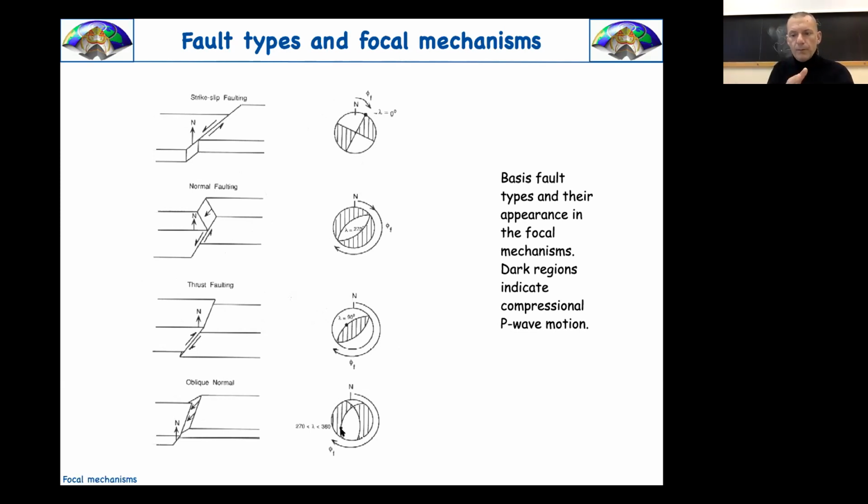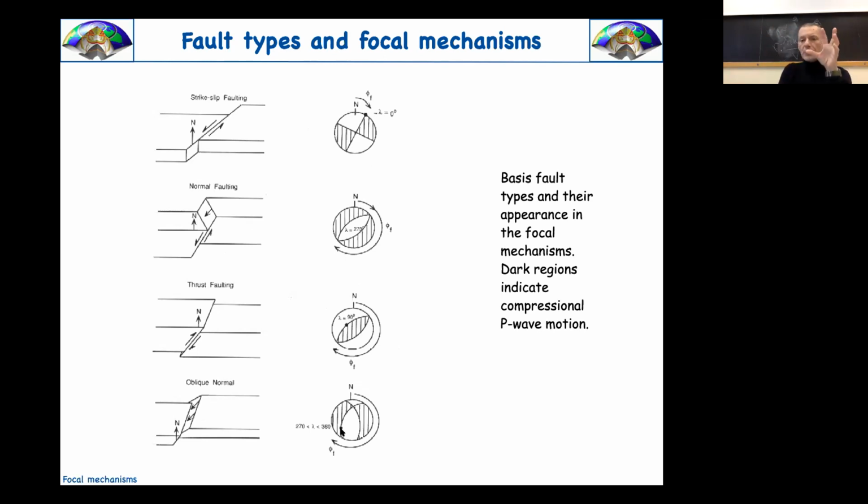Now, before concluding, let me tell you two things. The first: what we did today is to use all the information that we developed, take it to the extreme, so point source, far field, use the radiation pattern for P waves, and get the representation of the mechanism.